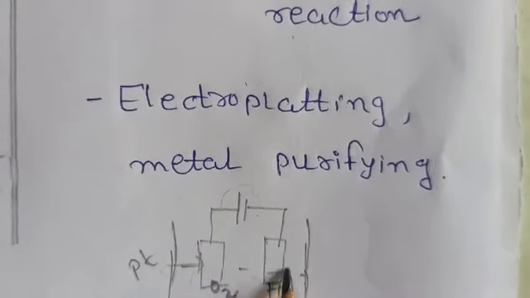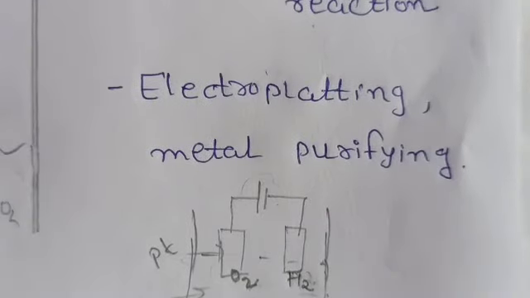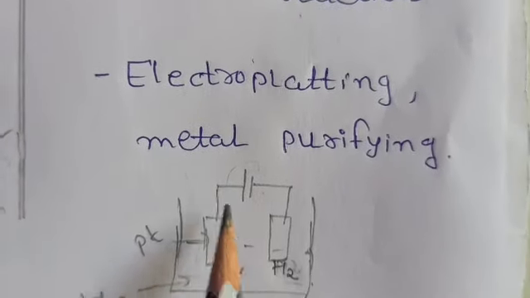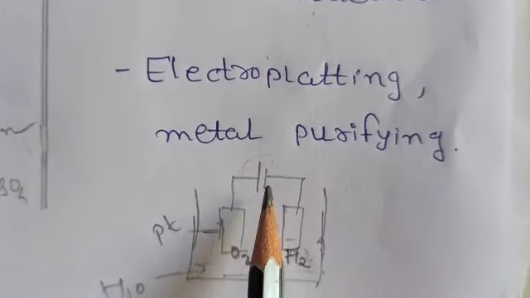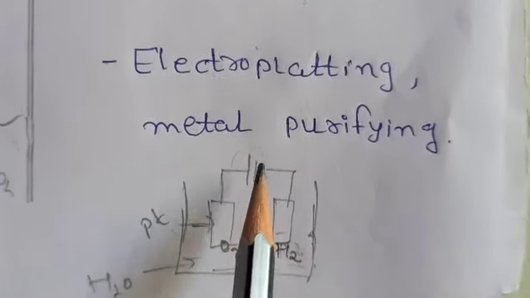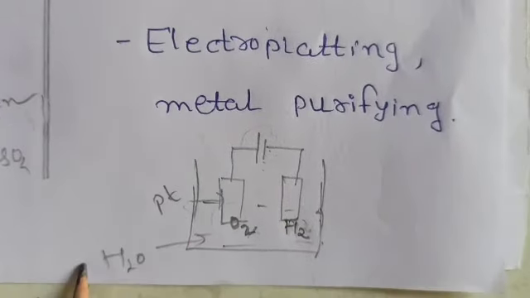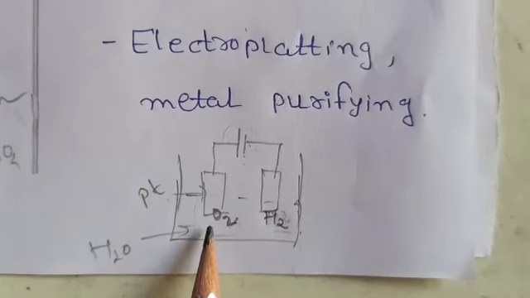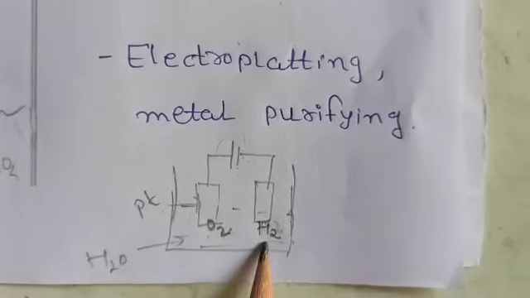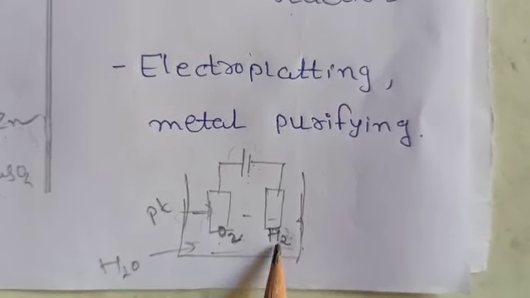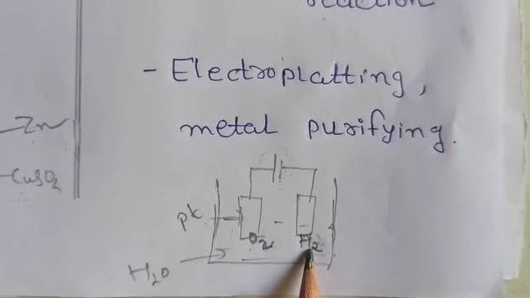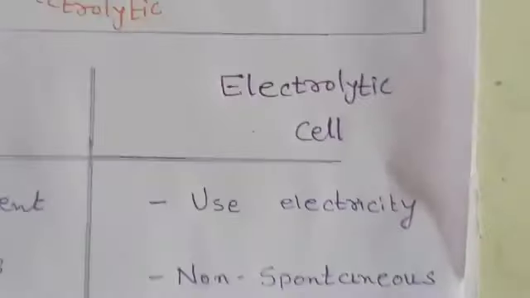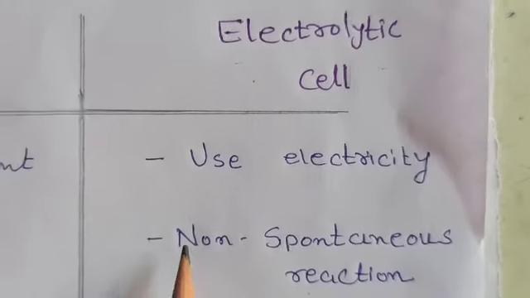In this we take 2 platinum plates connected to a battery, means we are providing electricity. If we provide electricity, this water is decomposed into oxygen and hydrogen. Means decomposition of water does not occur by itself, so it is a non-spontaneous reaction.